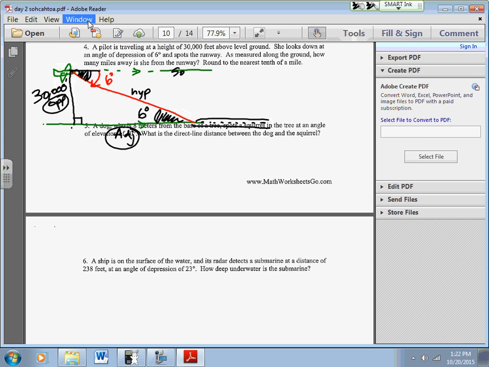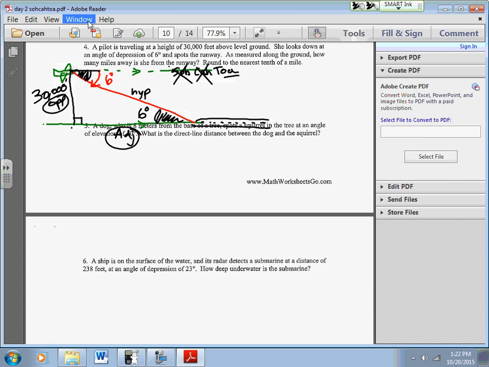And the reason why I had you guys write SOH CAH TOA is so you don't forget the order of those letters. Sine has opposite and hypotenuse, so we're not going to use sine. Cosine has adjacent and hypotenuse. I need tangent because it has opposite and adjacent.